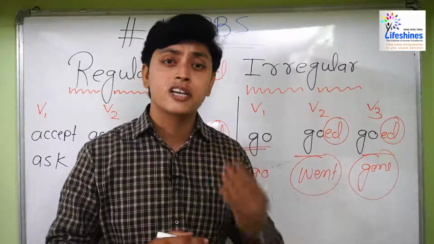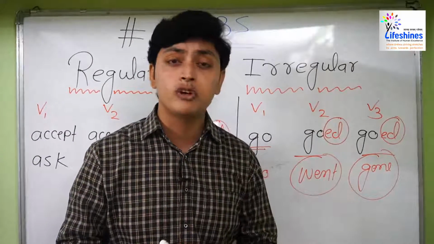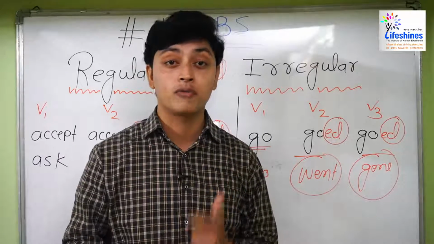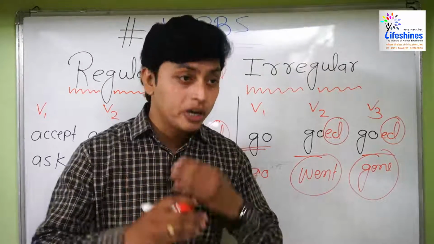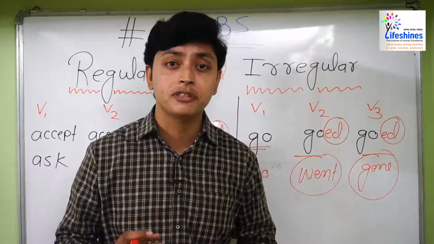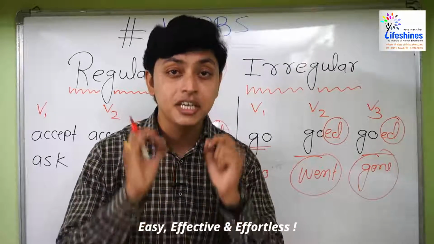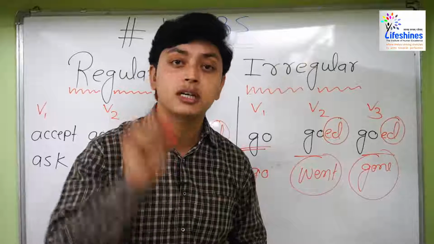We keep sharing our experiences and stories with our friends in English. At that time, you must know the second and third form of the verb. How to actually remember them without much effort, I'm going to tell you all. It is very easy, effective and effortless. Stay tuned and watch the complete video.